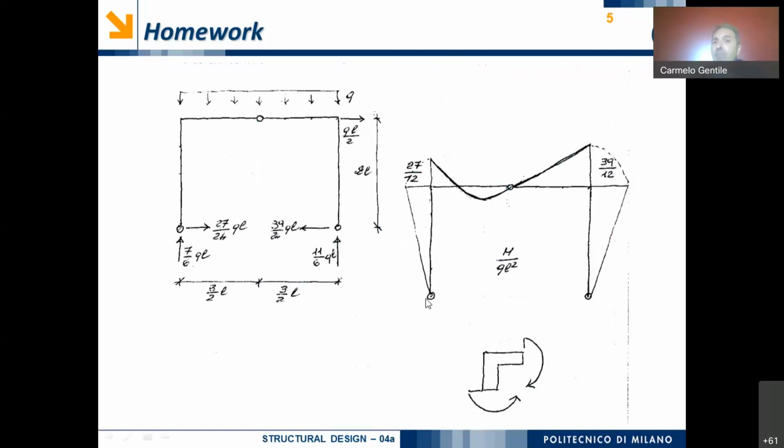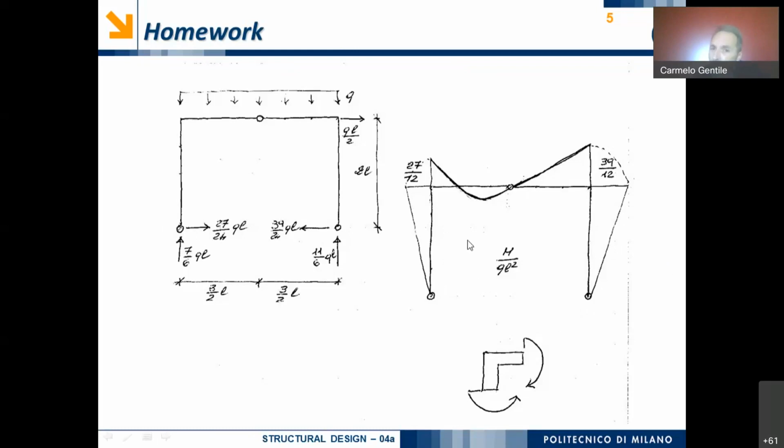As I anticipated, in the left-hand side column, we have a linear variation of the bending moment, and of course, the fibers in tension are the ones on the external side, on the outer side. Similarly, we have a linear variation of the bending moment on the right-hand side.